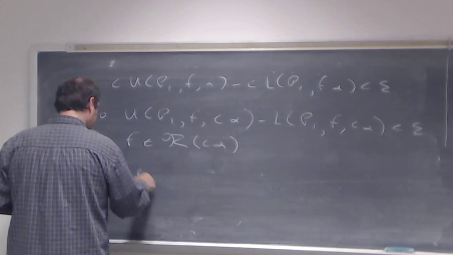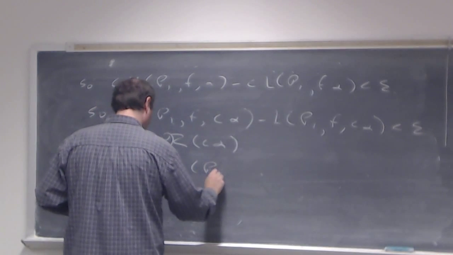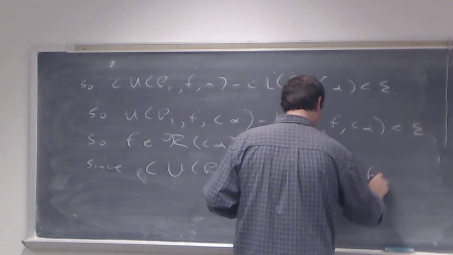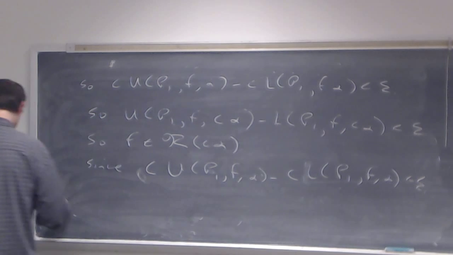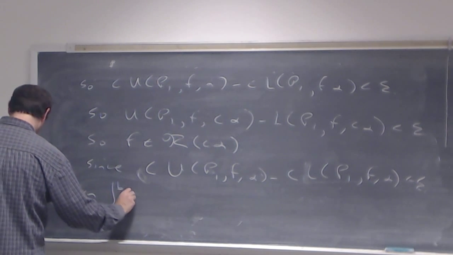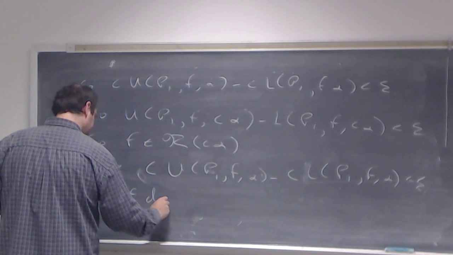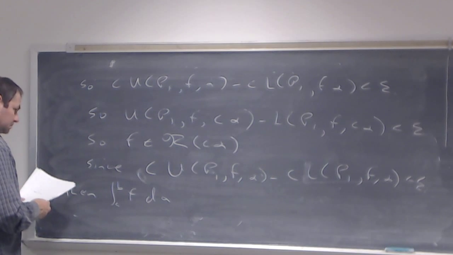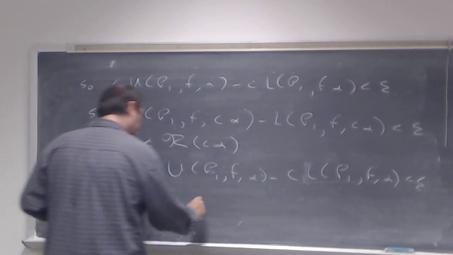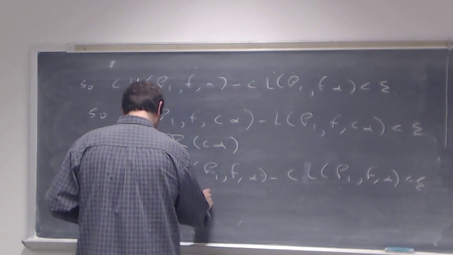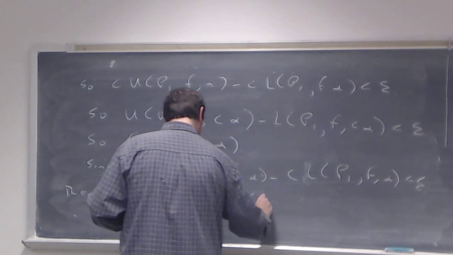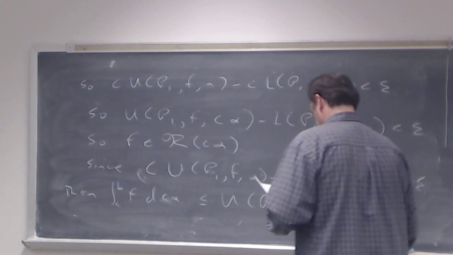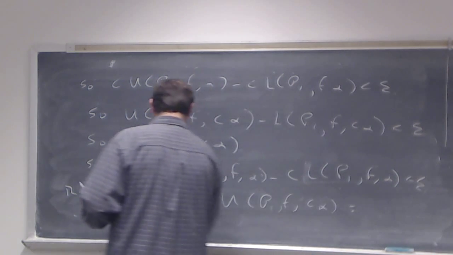Since C times this upper sum, P sub 1, F, and alpha, minus C times this lower sum, P sub 1, F, and alpha, is less than epsilon, then what we get is the integral from A to B of F with respect to C alpha, that's what I'm writing, is less than or equal to the upper sum with P sub 1, F, C alpha, which is just a straight fact.